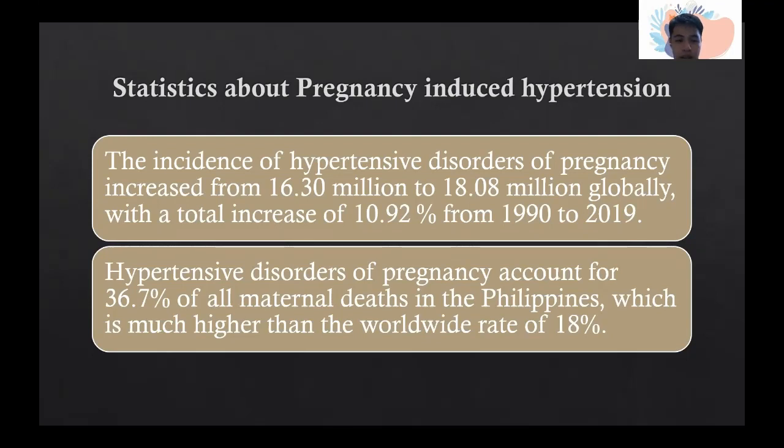Hypertensive disorders of pregnancy account for 36.7% of all maternal deaths in the Philippines, which is much higher than the worldwide rate of 18%. So, I would pass it to the next reporter for his part. And thank you for listening.